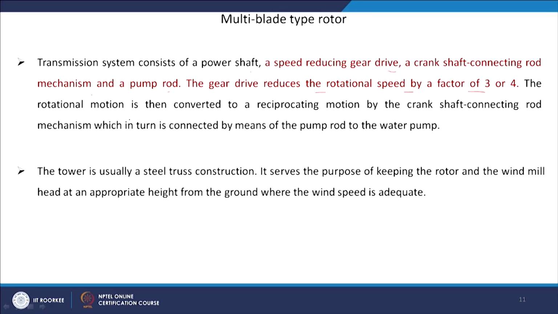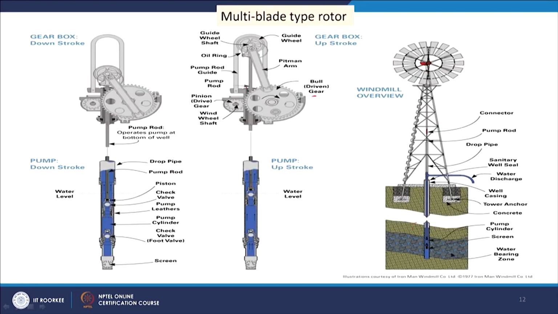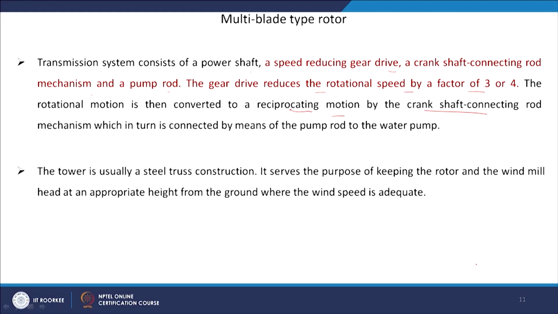The rotational motion is then converted into reciprocating motion by the use of the crankshaft that we have discussed. This mechanism, connected to the shaft, gives the reciprocating motion, and in turn is connected by means of the pump rod to the water pump. So, this is the mechanism that was used in the previous days.